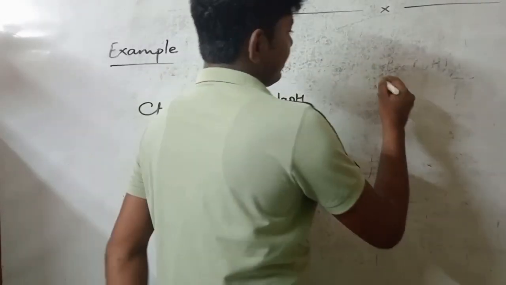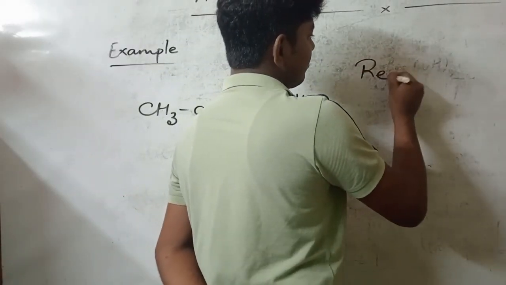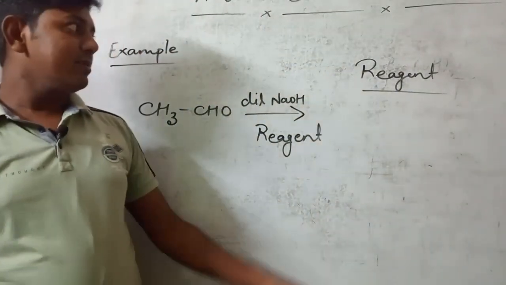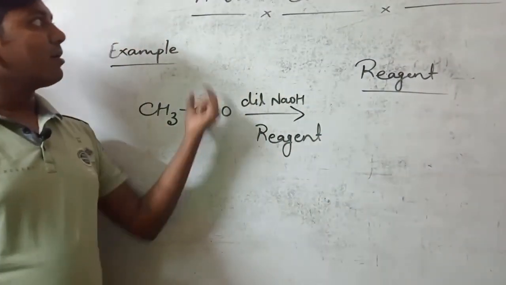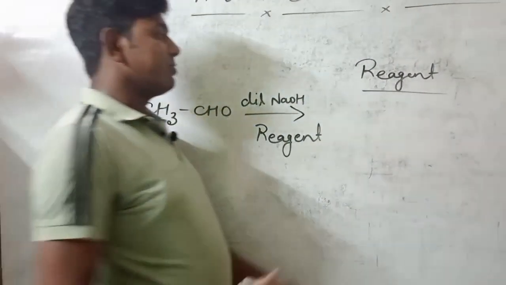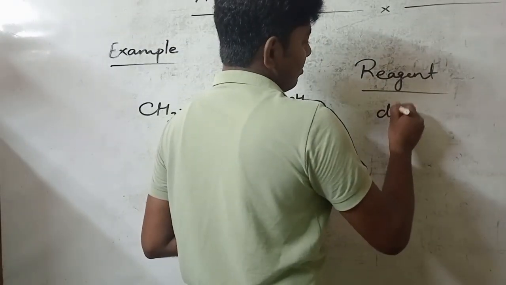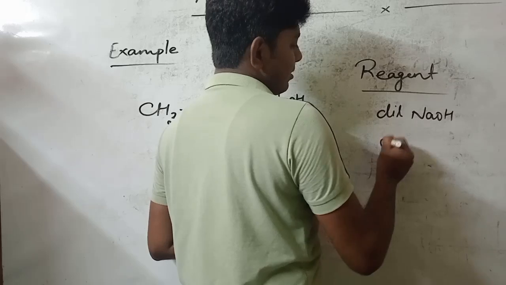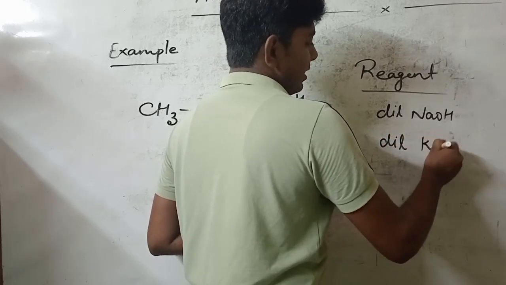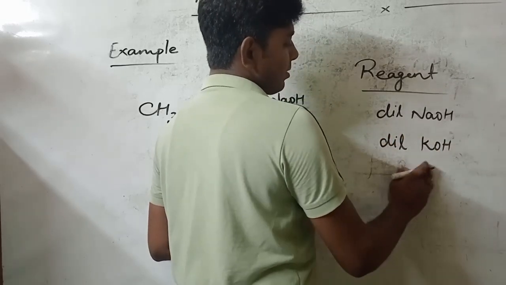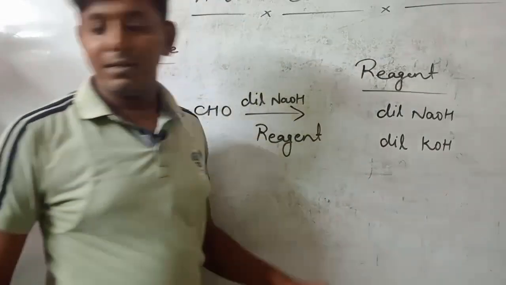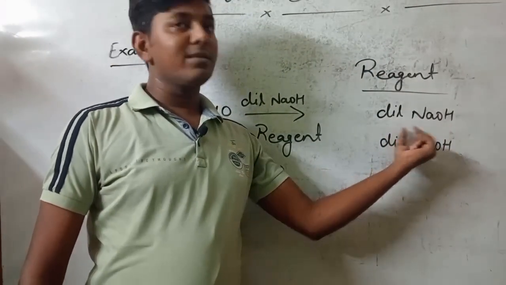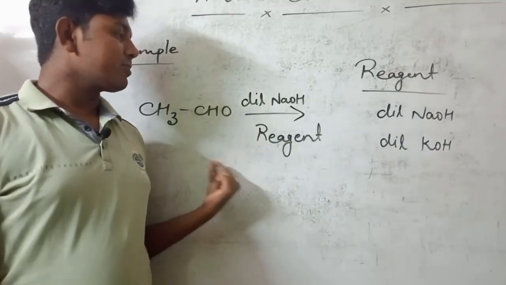The reagents used during the aldol condensation are dilute sodium hydroxide or dilute potassium hydroxide. First of all, a dilute basic medium is required for this reaction to proceed.